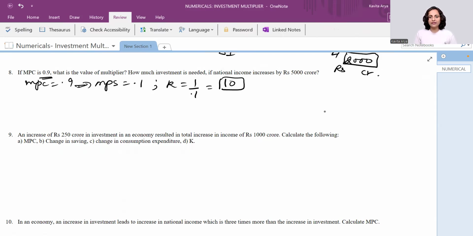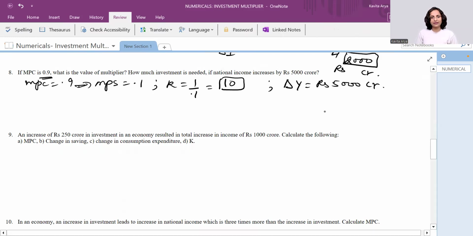So they have given me another piece of information that delta Y is equal to rupees 5,000 crores. They say how much investment is needed. If we just try to think about this, things are getting multiplied 10 times. It means if I want to reach 5,000, how much initial investment would be required? 500. So let's justify it with the help of numerical.